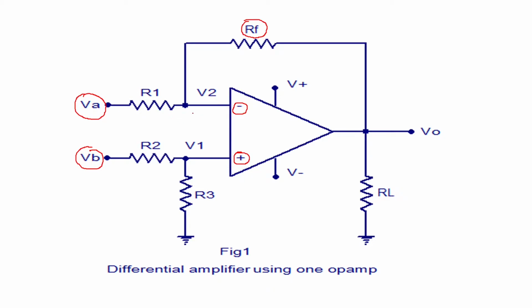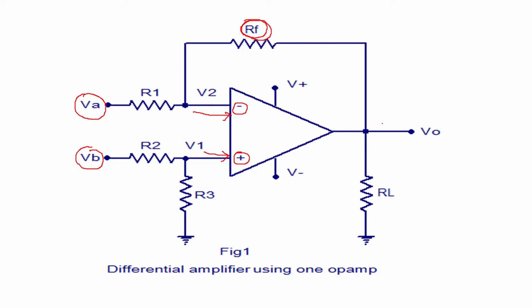Whatever signal you give here will come under inverting amplifier configuration, and whatever signal you give here will come under non-inverting amplifier configuration. So it is a combination of inverting and non-inverting, and the gain is decided by the feedback circuit, the RF here. This RF is going to decide the gain for the circuit.